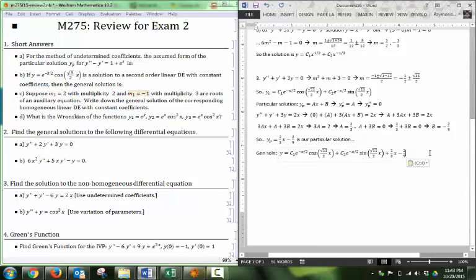And that's it. So if we had initial conditions, we probably would have solved for the initial conditions before we solved for y sub p. So I think this is good.